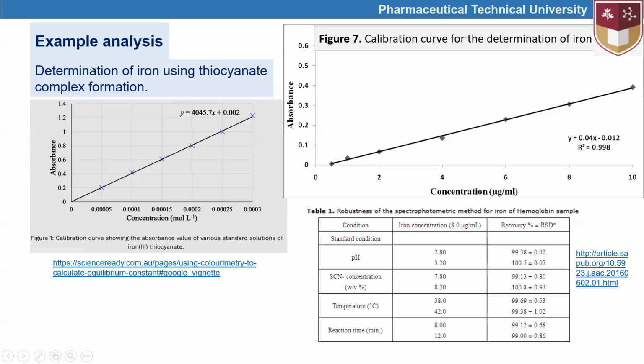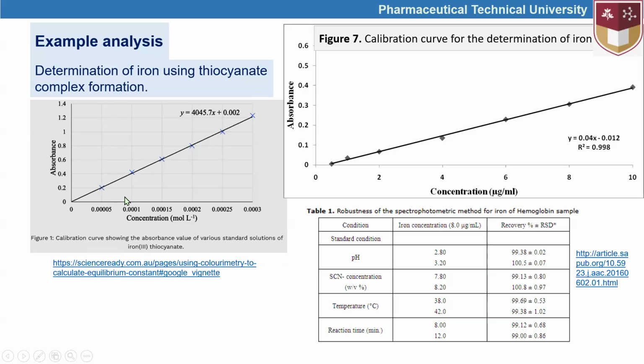Okay, and these are about the example analysis, determination of iron using thiocyanate complex. This kind of points were developed in the research paper given in this website. I mean, this is highly linear.